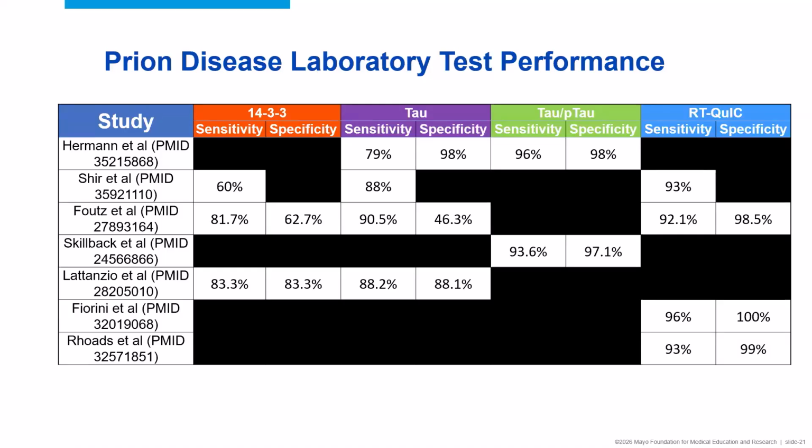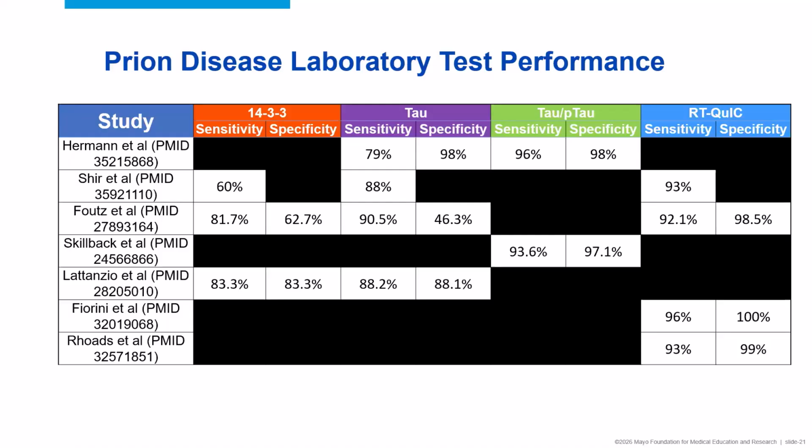What I would like you to appreciate from this figure is that the 14-3-3 and tau assays do okay, but they still are not particularly specific, which is not unexpected. Sensitivity is generally somewhere between, let's say, 80 to 90%.